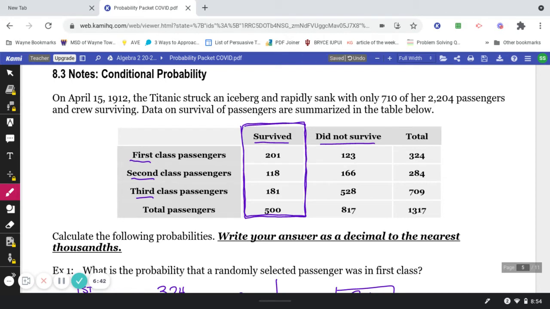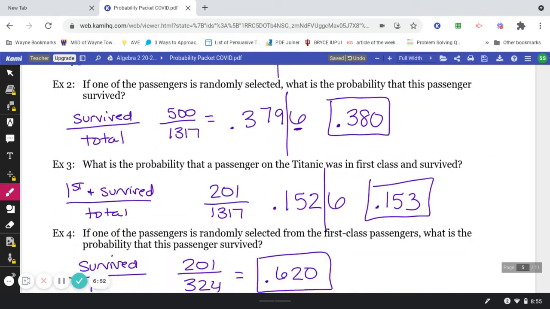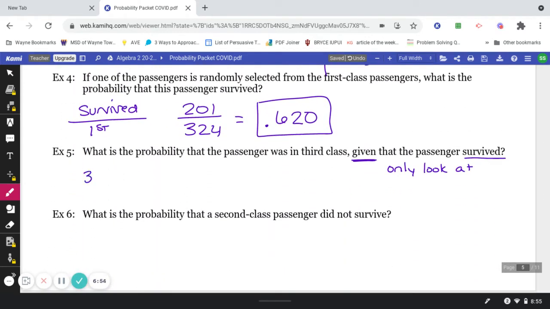We need the third class passengers out of the total that survived. Third class out of the total that survived, 181 out of 500. As you type that into your calculator and round, you'll get an answer of 0.362.